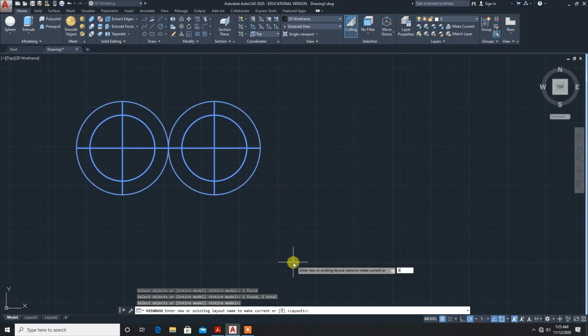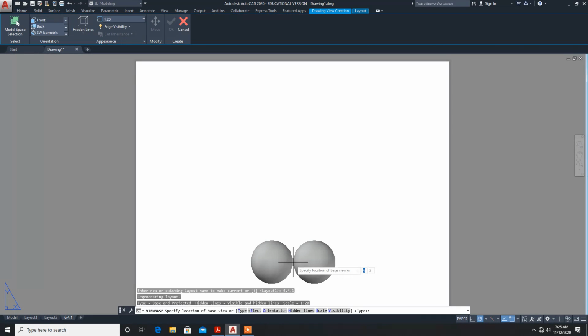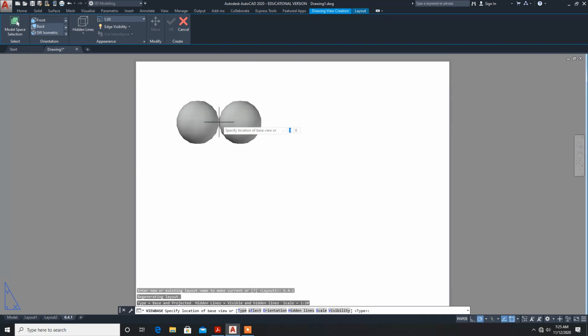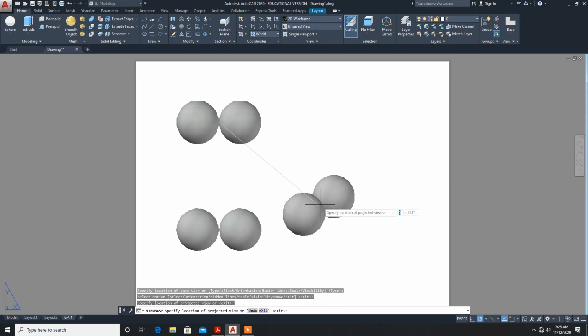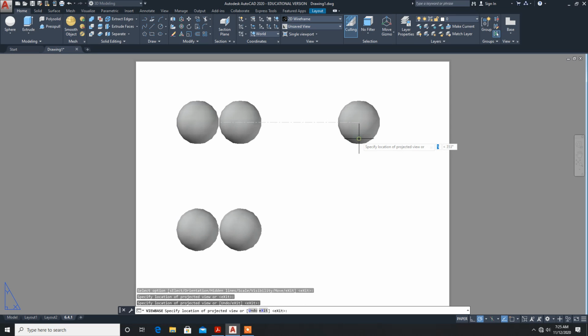So now only 6.4.1 layout name, enter. Isometric.